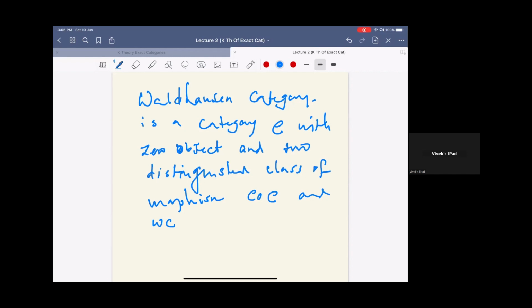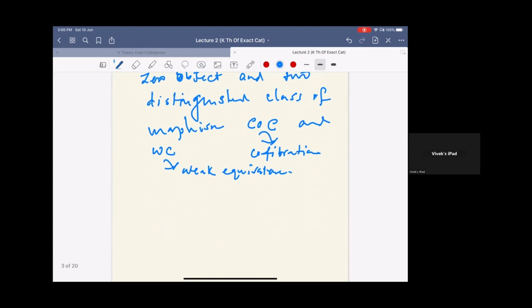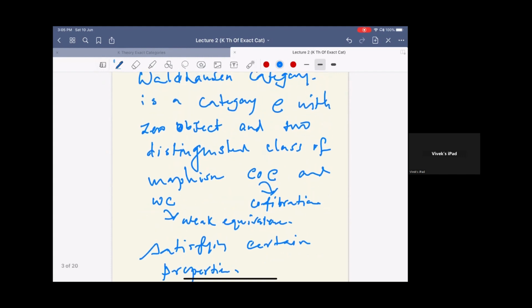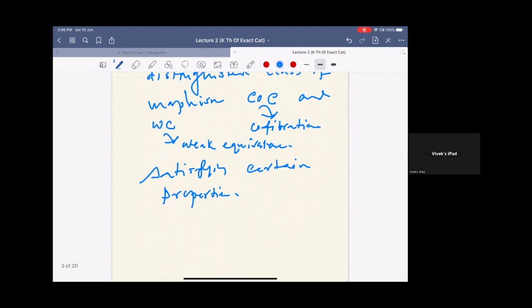The first is called the cofibrations, and the second is called weak equivalences, satisfying certain properties. Okay, so I'm not going to give the details because this has already been defined in some lecture.